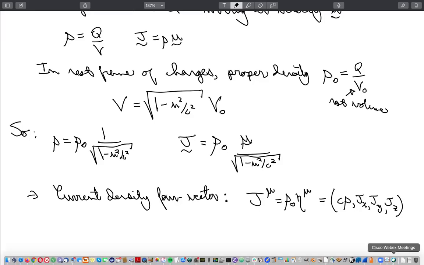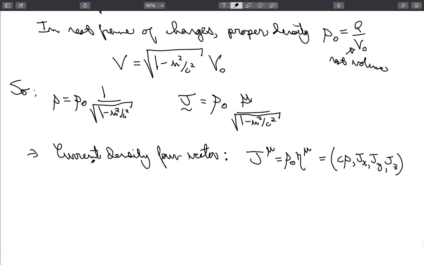Now the fun bit is that this allows us to write the continuity equation in a very simple way. You remember our continuity equation that told us that d rho dt plus the divergence of J was equal to 0.